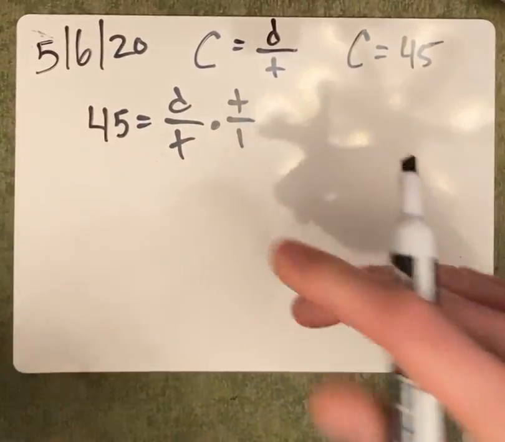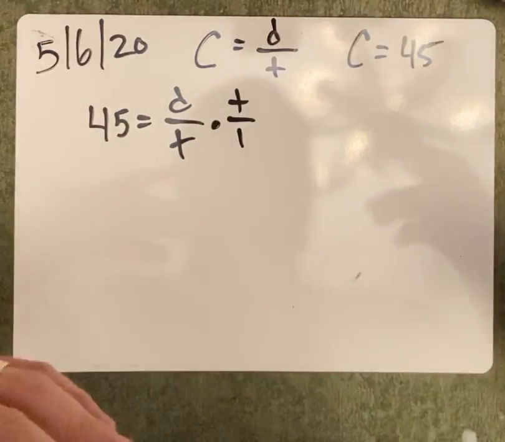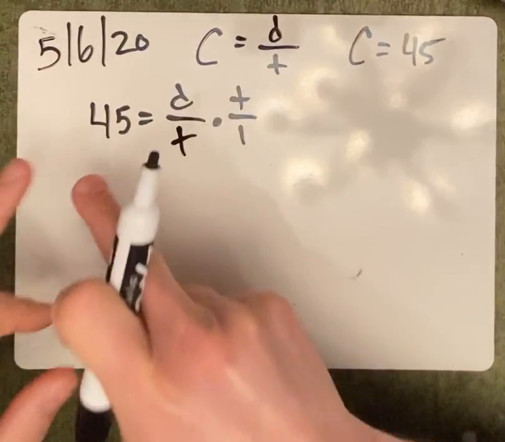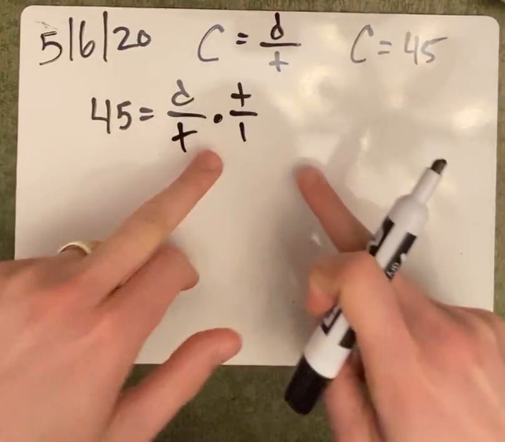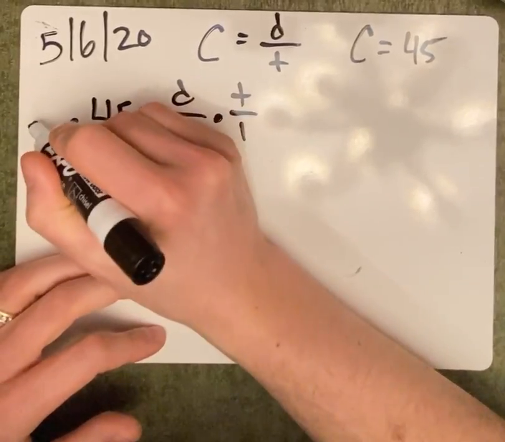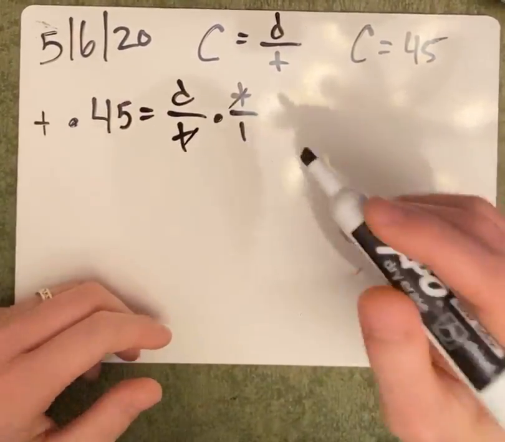We're just left with D over 1 times 1 over 1. So remember the golden rule: what you do to one side, you do to the other. Since I multiplied this by T, I'm multiplying this also by T, so this cancels out.